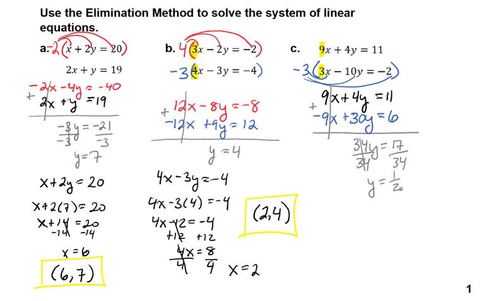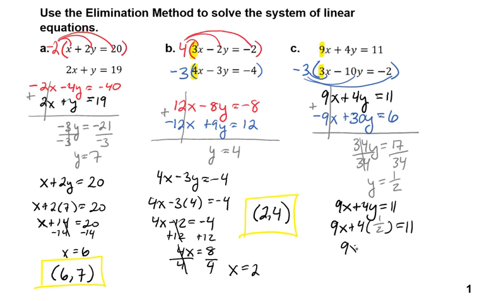And it's okay that we have a fraction. That's not a big deal. You can use your calculator to help you if you need to. So we're going to plug this in. Because both of my y's are even, I'm not too worried about which equation I pick. So I'm going to choose the top equation, 9x plus 4y equals 11. We're going to take out the y and put in the 1/2 that we got.